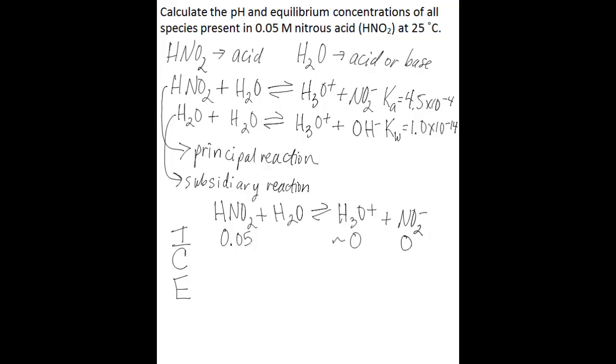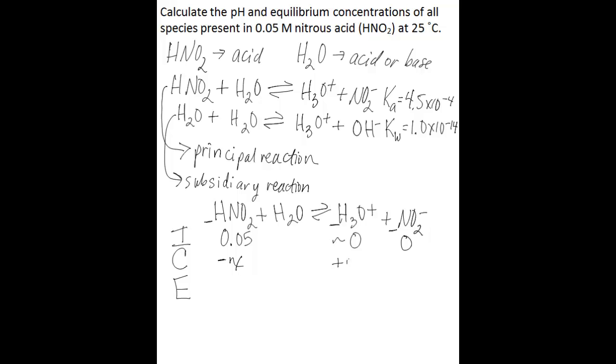The change in those concentrations are going to be minus X for nitrous acid, because for every 1 mole of nitrous acid lost, we gain 1 mole of hydronium ion and 1 mole of nitrite according to the reaction stoichiometry here.